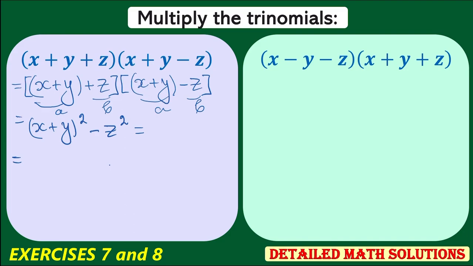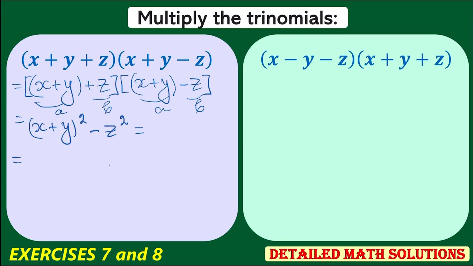Next, I'm going to apply the formula for binomial square and expand the binomial square x plus y in parentheses squared. X will correspond to the a in the formula for binomial square and y will correspond to the b.